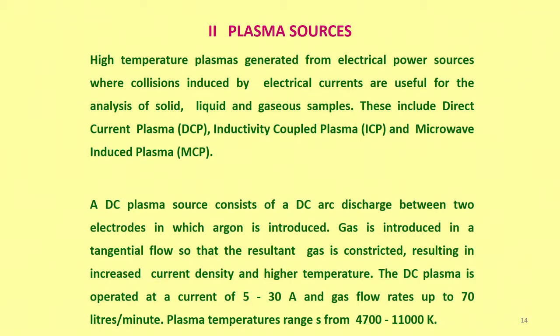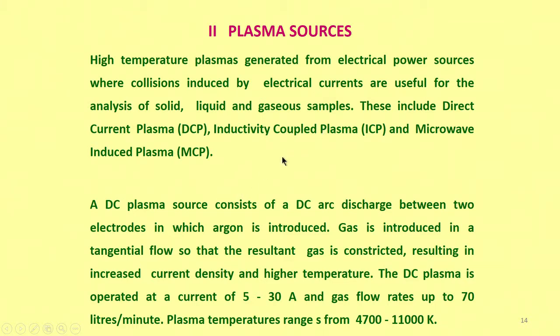Direct plasma, it is a continuous signal. And then inductively coupled plasma, this we will discuss a little bit more, and then microwave induced plasma. We know 3 types of generating plasma. In all these plasmas, high temperatures are generated.